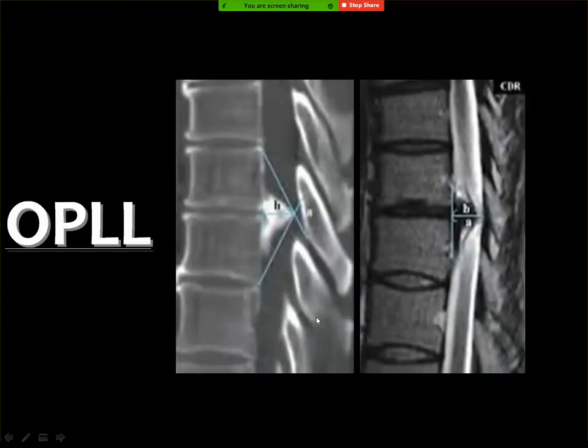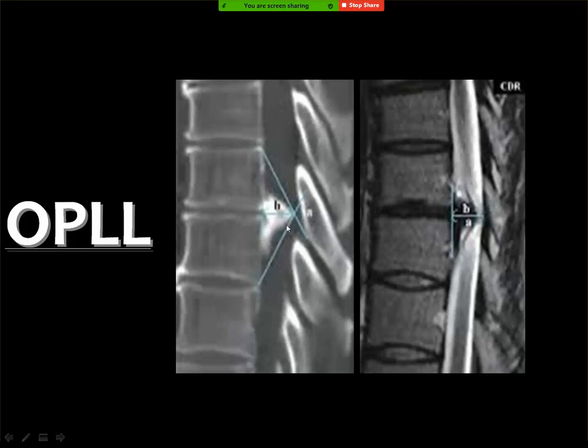What is important for me is this type that I have seen only in one case in my life. If you look carefully, you see a big calcified mass in the spinal canal. Actually, if I feel that this is an extradural lesion, I will say that this is a calcified disc.